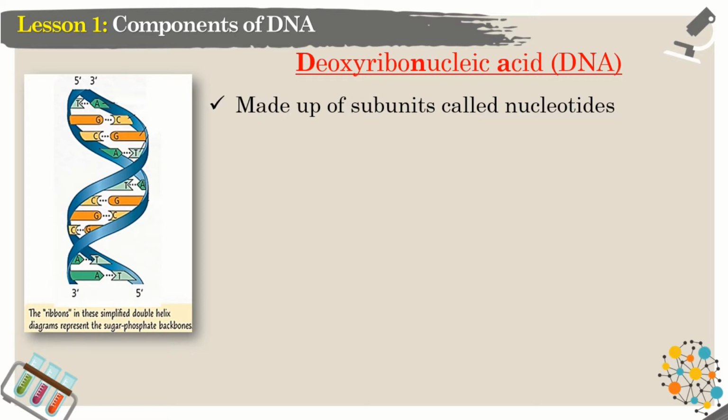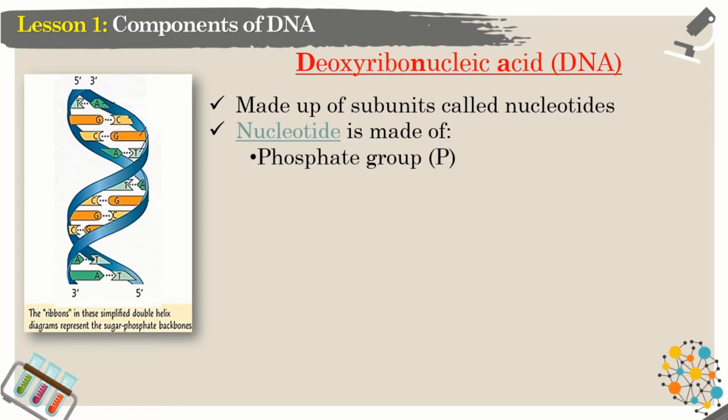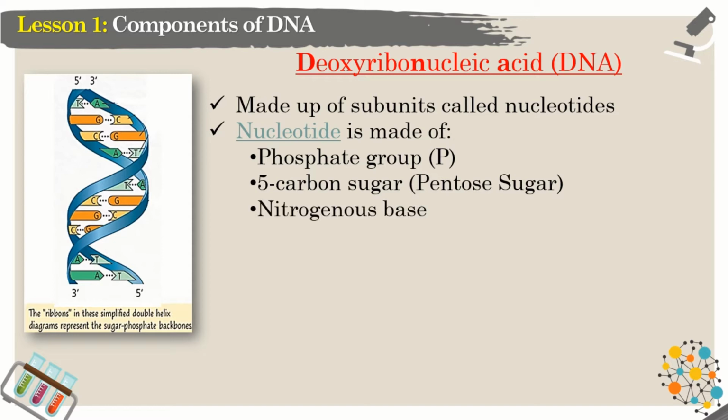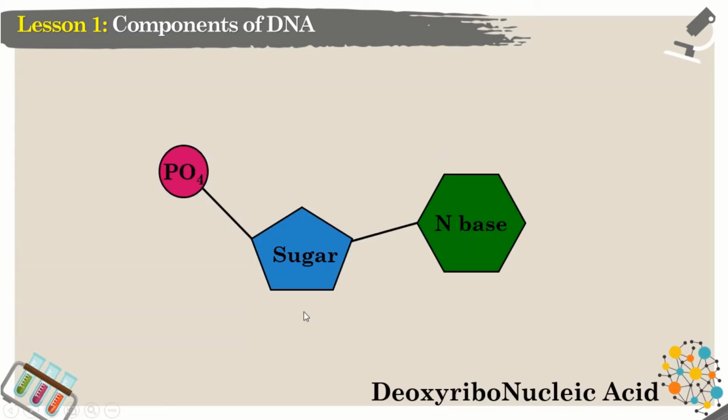So DNA is made up of subunits called nucleotides. A nucleotide is made up of a phosphate group, a 5-carbon sugar known as the pentose sugar, and the nitrogenous base. What does a nucleotide look like? So a nucleotide looks like this.